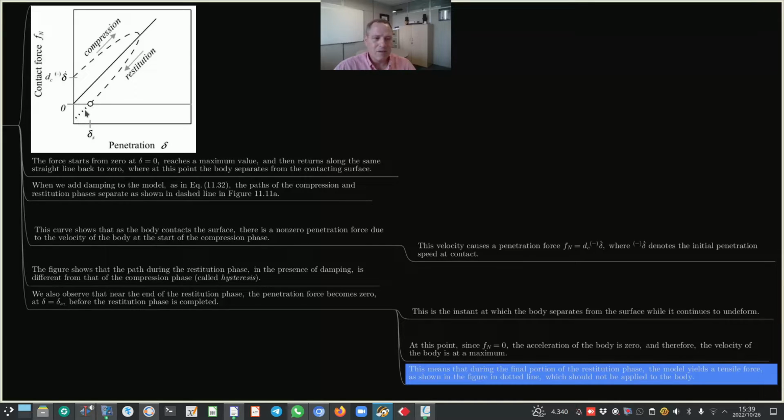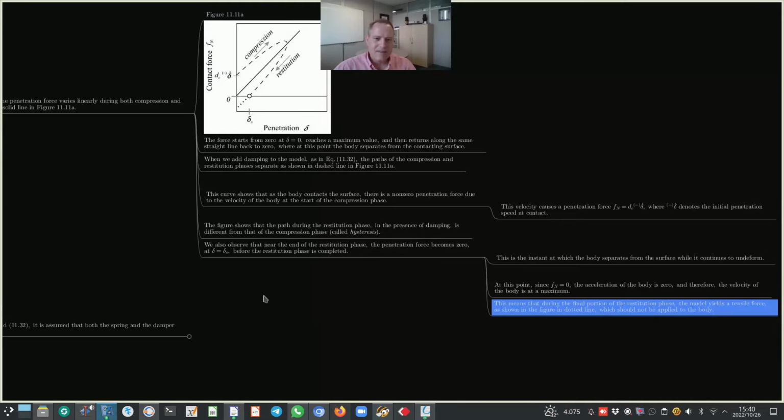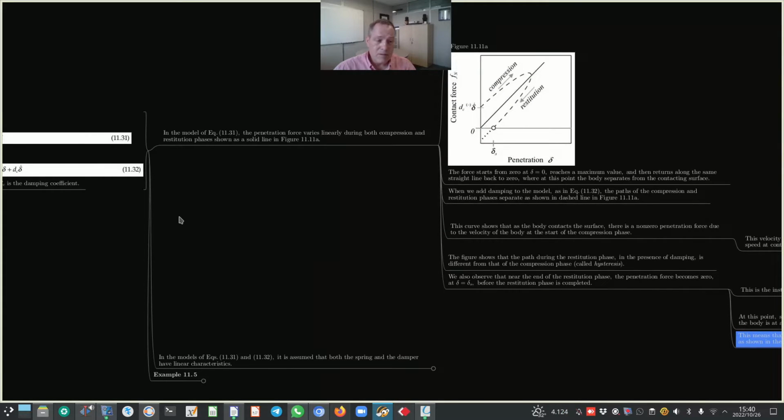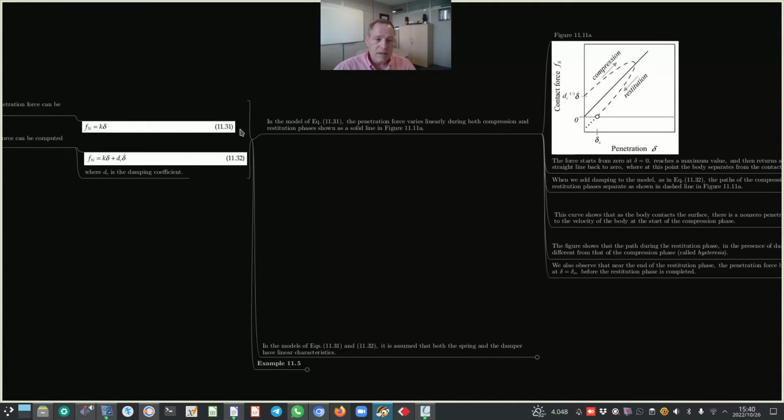Okay, because there is no force, as we've already mentioned. The body is not in contact with the surface or other body at this stage. Okay, so that was a discussion of both models represented by equations 11.31 and 11.32.